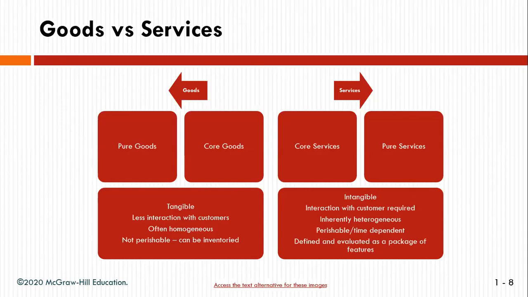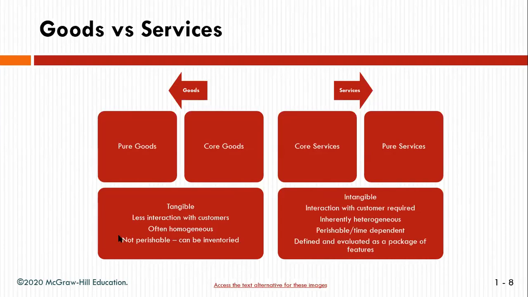So your bread and butter could be very defined: a product, a service, a product supported by a service, or a service supported by a product. That would make a big difference in operations and supply chain management.